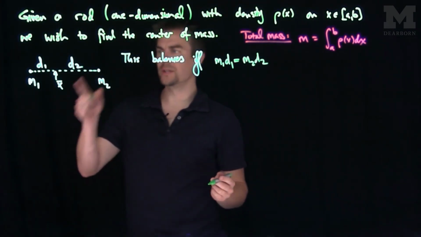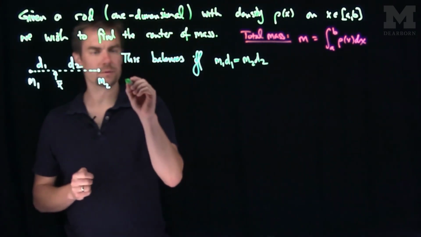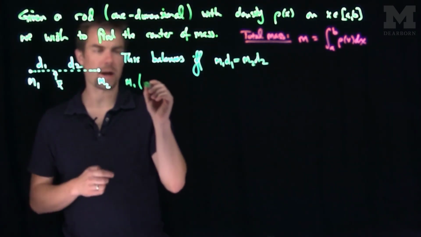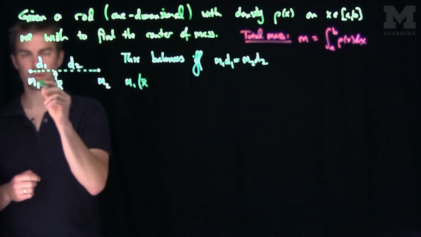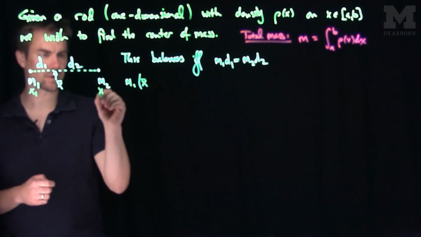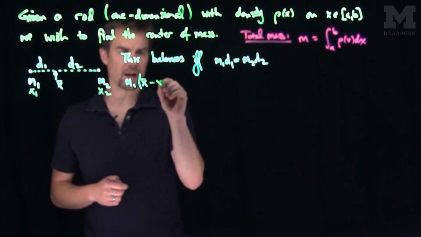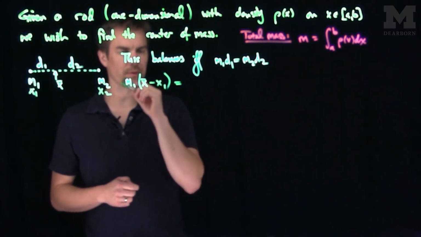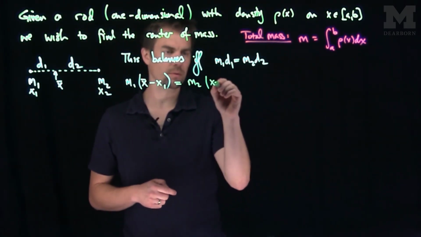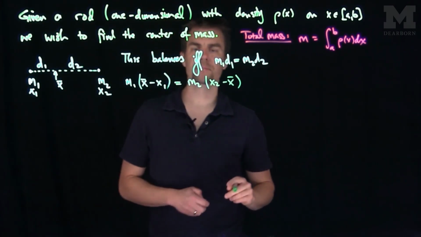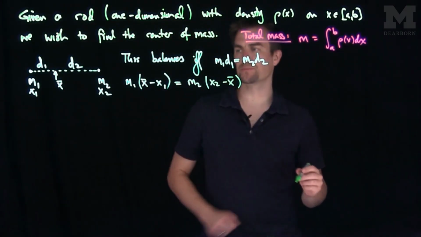Now, we know what d1 and d2 are. So d1 is x bar minus x1, the location of the first mass, and this must be equal to m2 times d2, which is x2 minus x bar. Now we'll solve this equation for x bar.